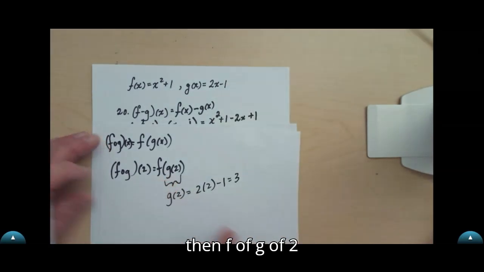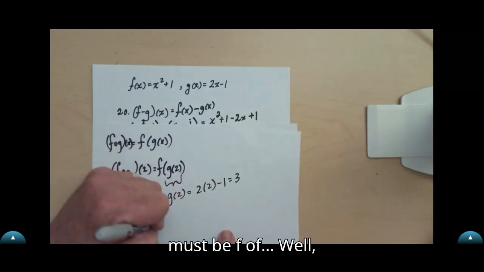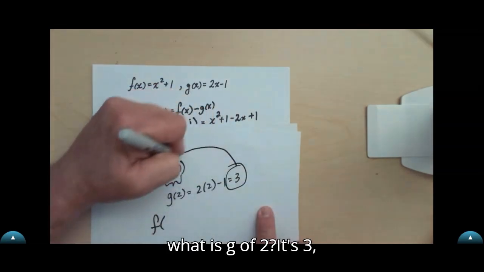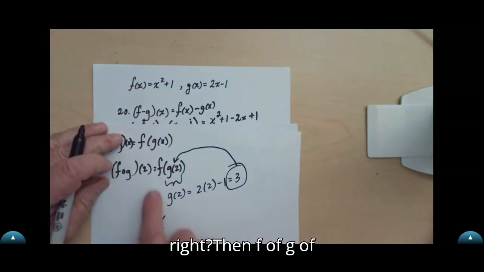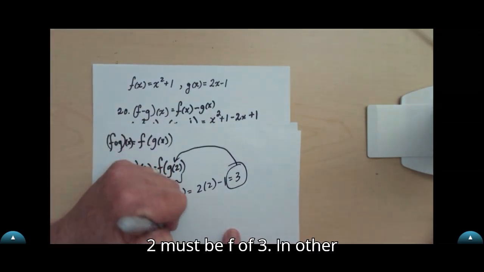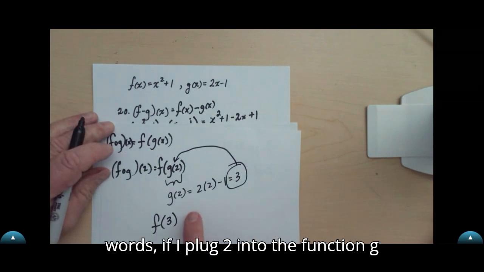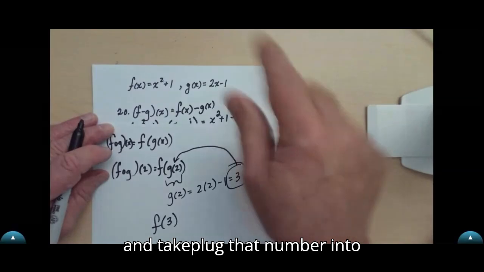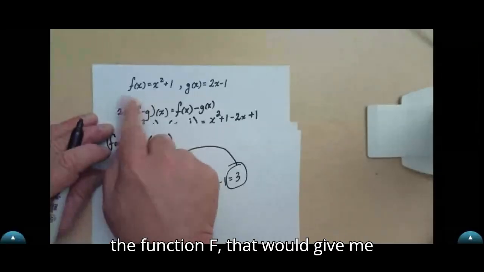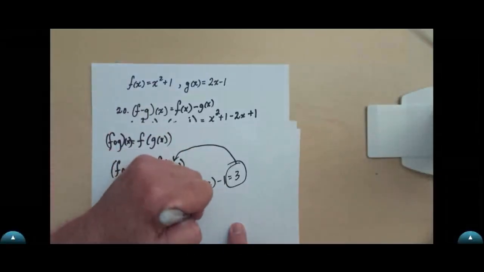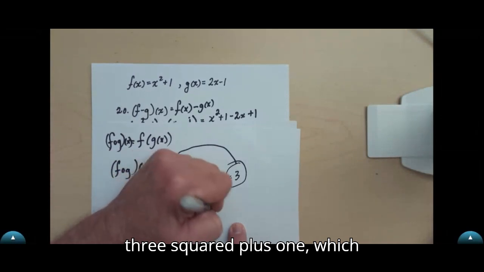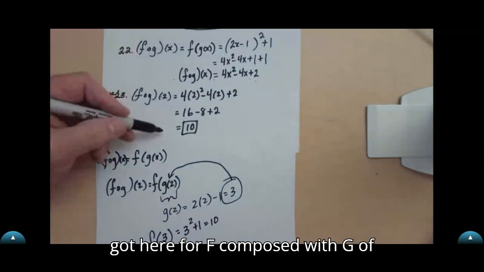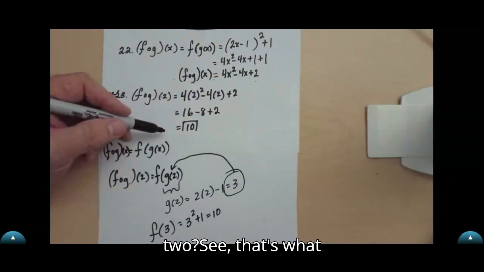Well, then f of g of 2 must be f of 3. In other words, if I plug 2 into the function g and plug that number into the function f, that would give me 3 squared plus 1, which is 10. Isn't that the same thing we got here for f composed with g of 2?